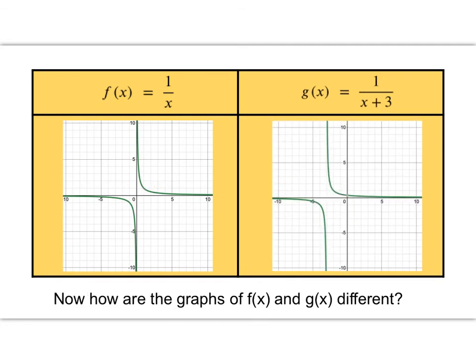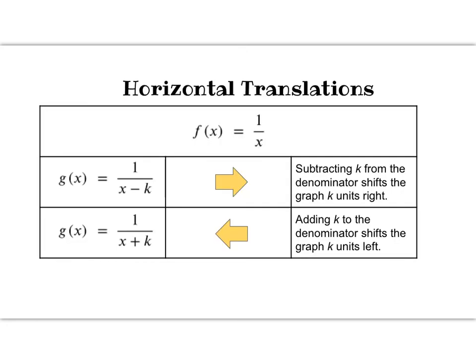All right, and over here, our graph has done just the opposite, hasn't it? This time, instead of shifting 3 to the right, we've shifted 3 to the left. So when we add 3, we go 3 to the left. Okay, so for our horizontal translations, if we subtract k from the denominator, then it's going to go k units to the right. And if we add k units to the denominator, it'll go k units to the left.